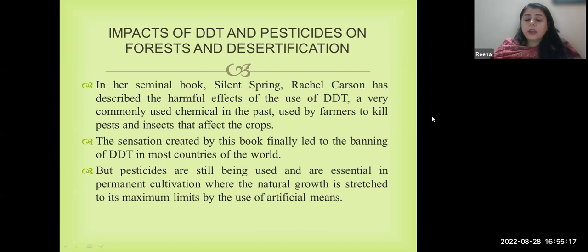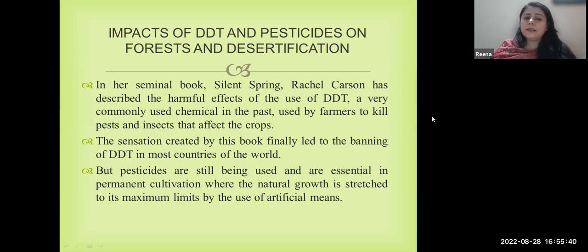Then, coming again to Rachel Carson's work, Silent Spring, we can see again there was a major elaboration of the harmful impacts of DDT, which was commonly used earlier in the past. In India it has been banned in many locations, but still you can find it in the market.